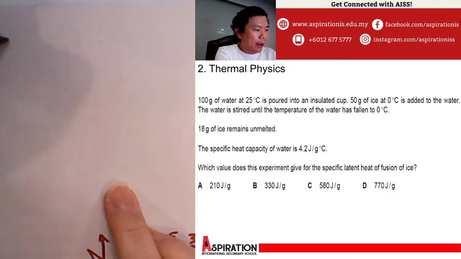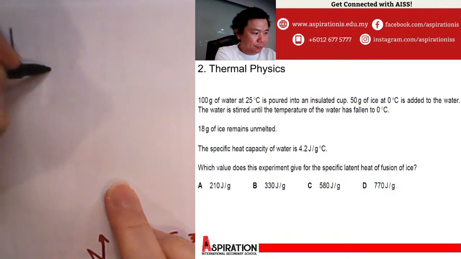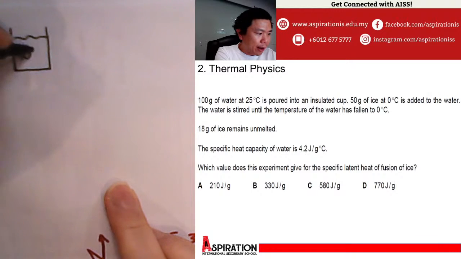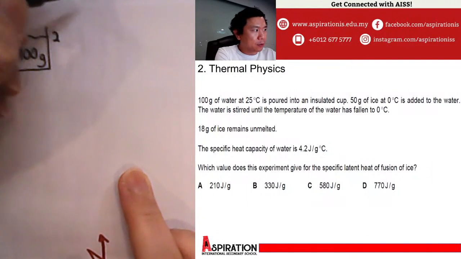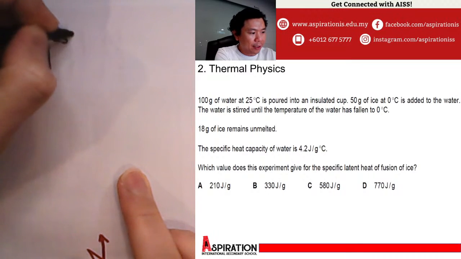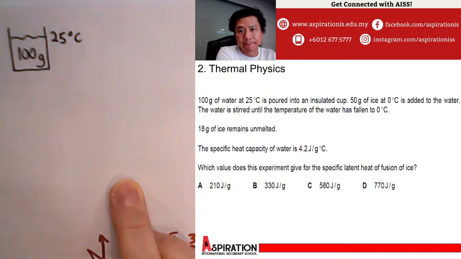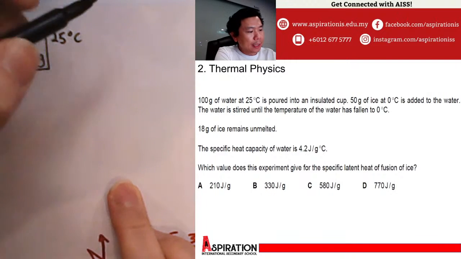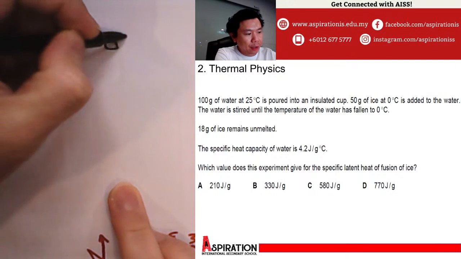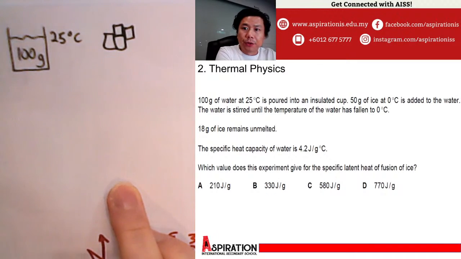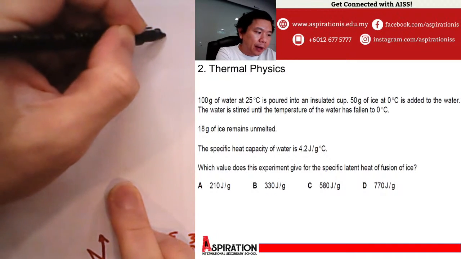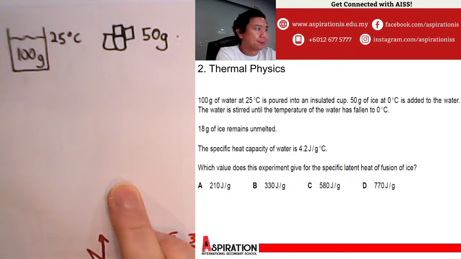So now you have 100 grams of water, and the temperature of the 100 grams of water is 25 degrees Celsius. Now what's happening is that you are going to be given 50 grams of ice.